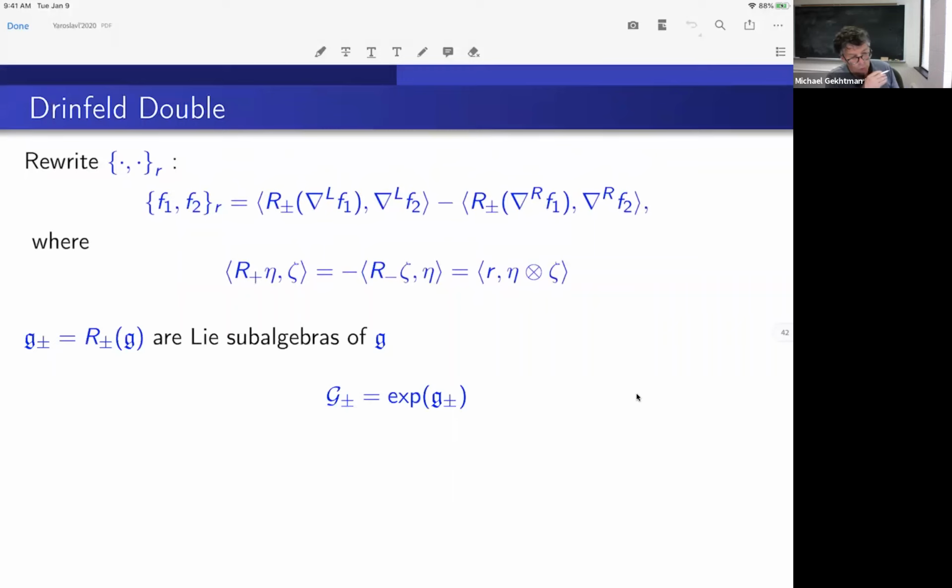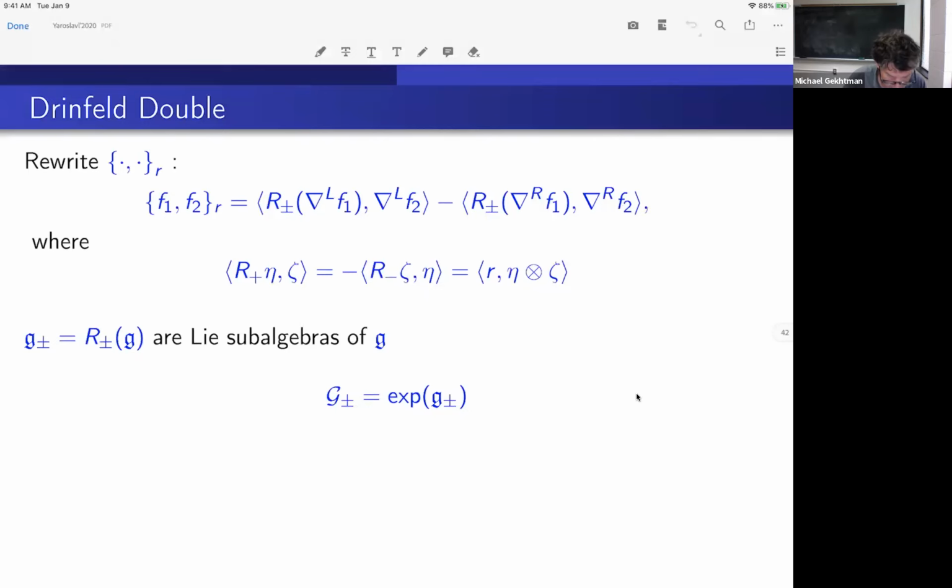Now, one of the statements of this theory is that once you have this, first of all, you can define operators R plus, R minus associated with a solution of the classical Yang-Baxter equation, and applying them to the corresponding Lie algebra, you get two Lie subalgebras in our original algebra.